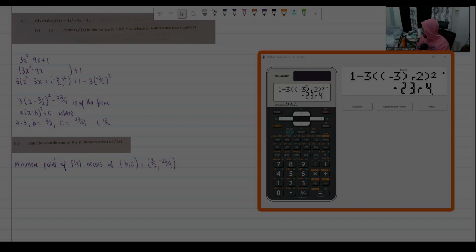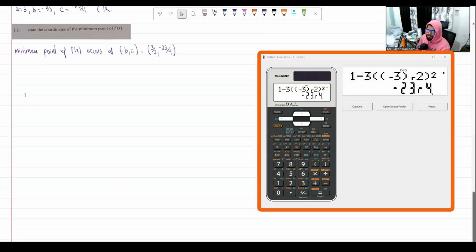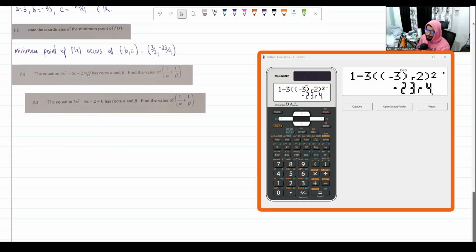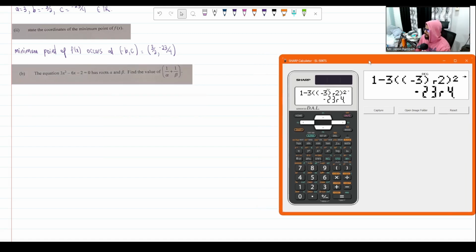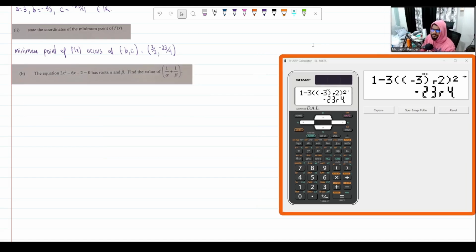Part B, alpha beta. The equation has roots alpha and beta. Find the value of 1 on alpha plus 1 on beta. Look up thing. So 3x squared minus 6x minus 2 is equal to 0.